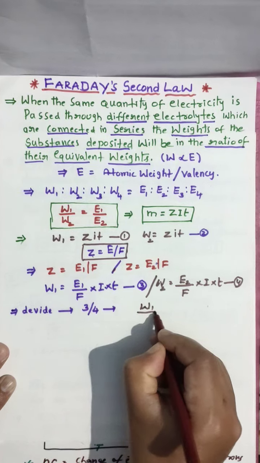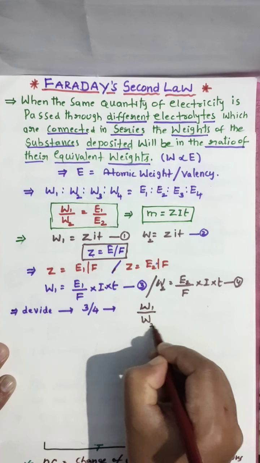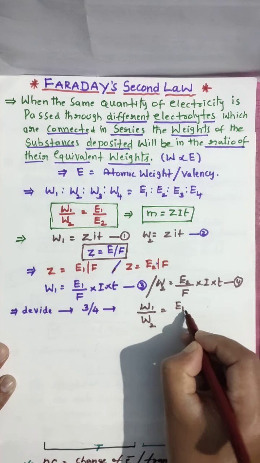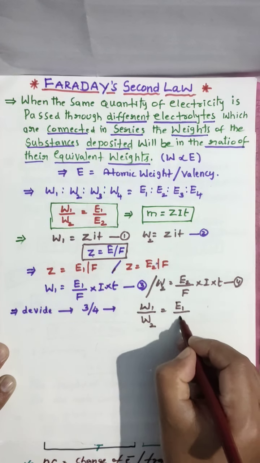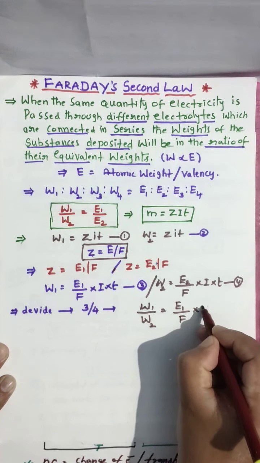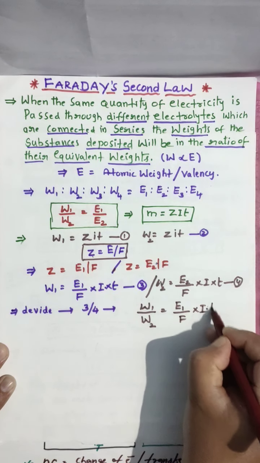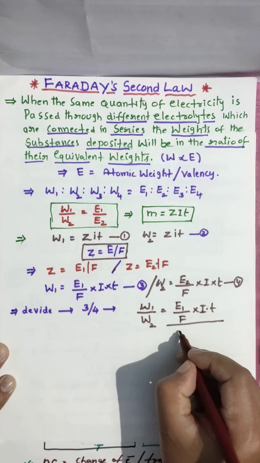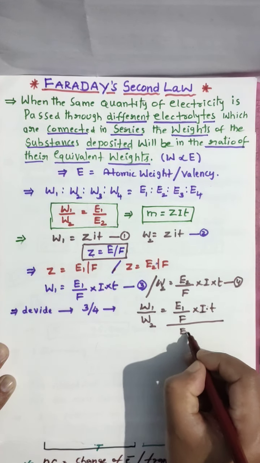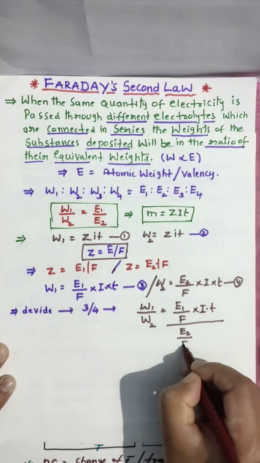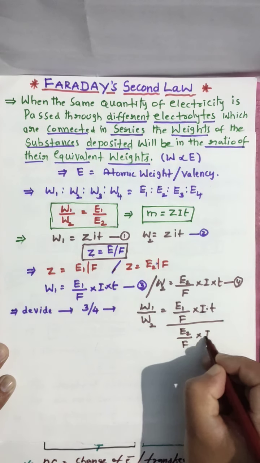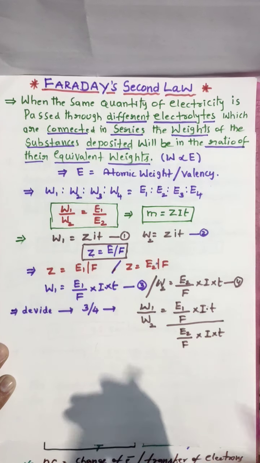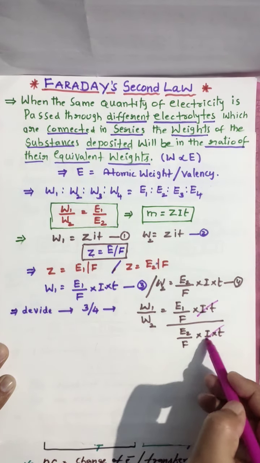W1 upon W2 equal to E1 upon F into IT, upon E2 by F into I into T. All this will cancel.